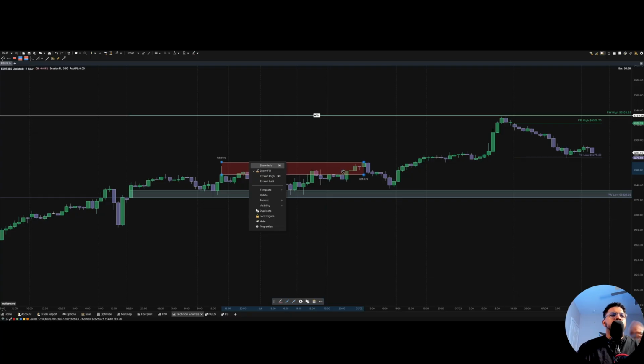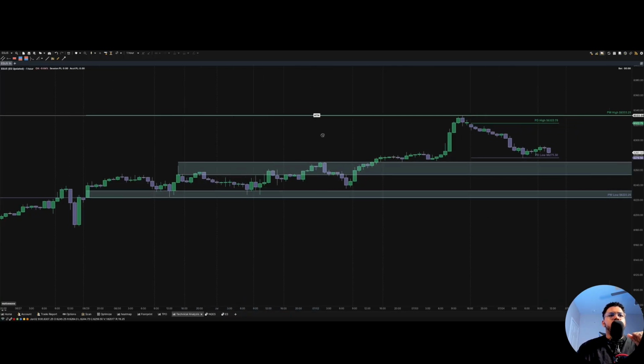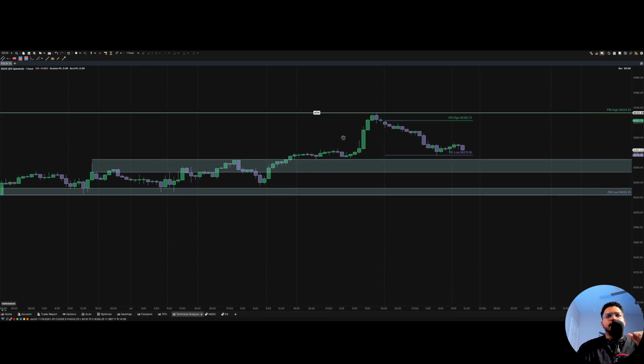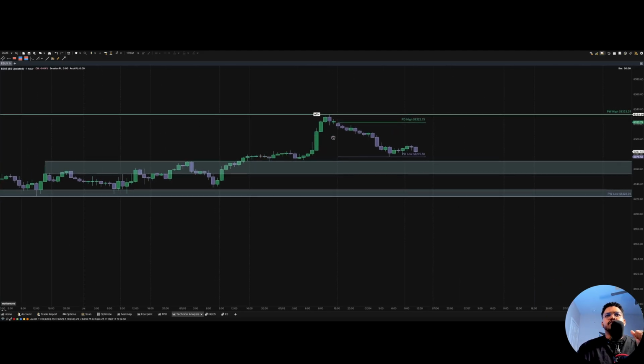Price shopped around there for a little bit, kept rejecting it until we finally broke above it. Then, as you guys can see, once we broke above it, we came to test that level, rejected, came near that zone again, rejected it, and price moved up from there. So those are essentially the levels that I'm looking at for next week.